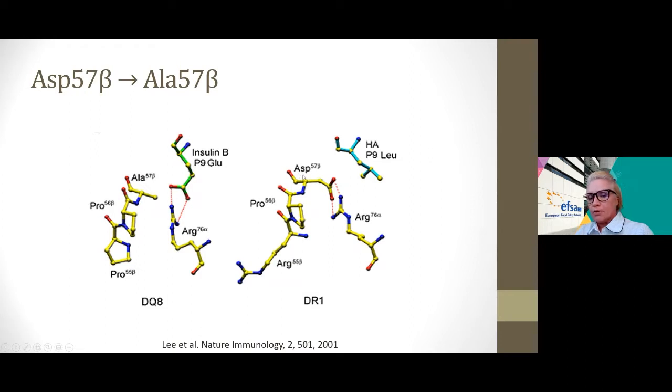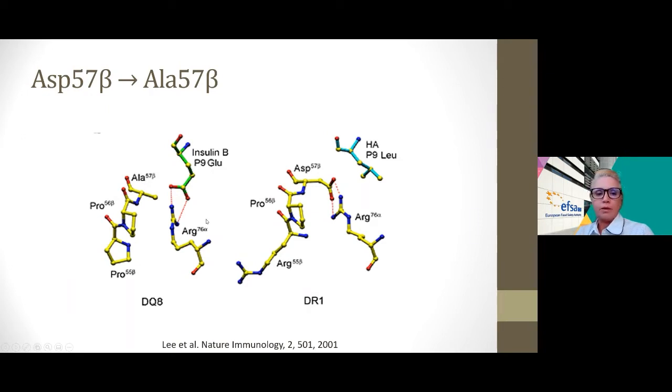This aspartic acid forms two salt bridges with arginine at position 76 from the alpha chain. So we talk about pocket 9 on the binding site, where position 9 is bound from the binding peptide. And these interactions make the pocket neutral and shallow, and small amino acids, neutral amino acids like leucine, isoleucine, valine are able to bind inside.